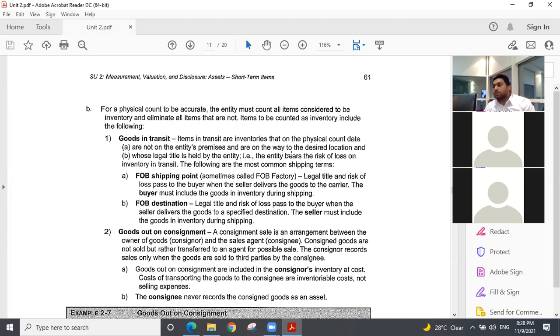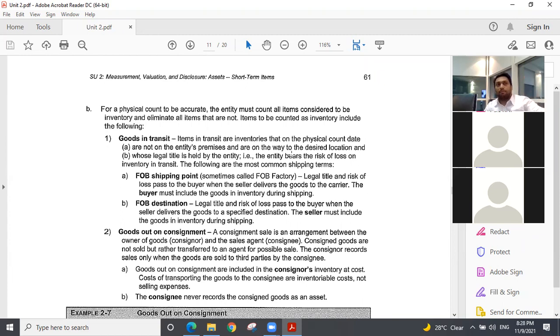The following are the most common shipping terms. That is FOB shipping point. FOB shipping point means I am purchasing something from the supplier. When he brings the goods to his port, for example, I am purchasing from the US, and the goods arrive at the Houston port, then that is the shipping point.